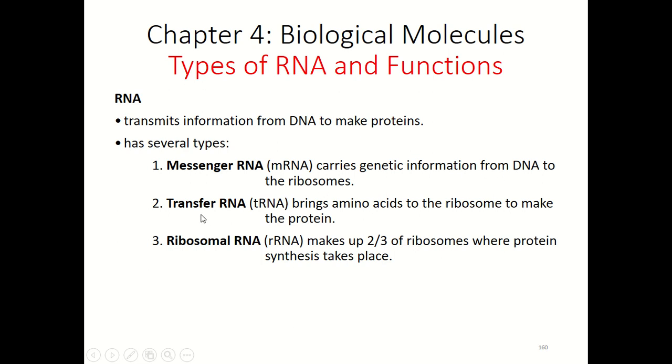Meanwhile, tRNA or transfer RNA brings amino acids to the ribosome to make protein, and ribosomal RNA makes up 2 of 3 of the ribosome where the protein synthesis takes place. So all of this you will learn further later in semester 3, in the course of metabolism and cell division.